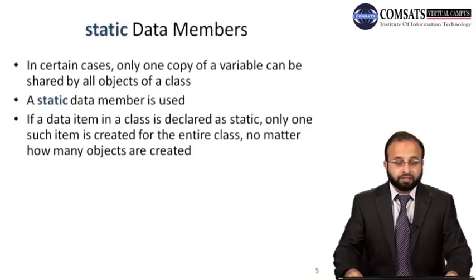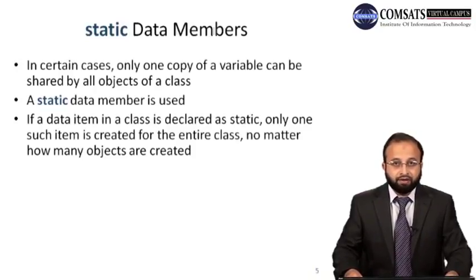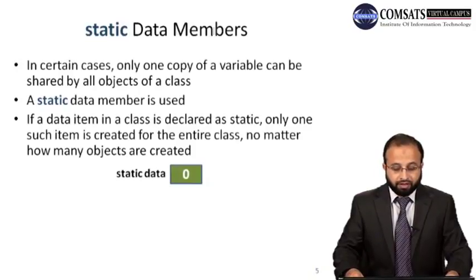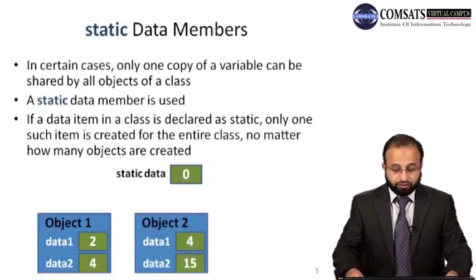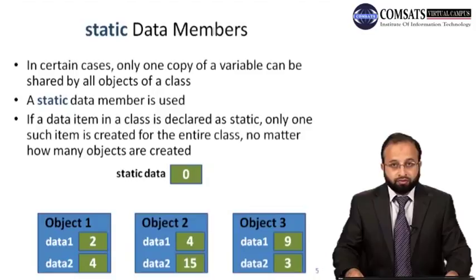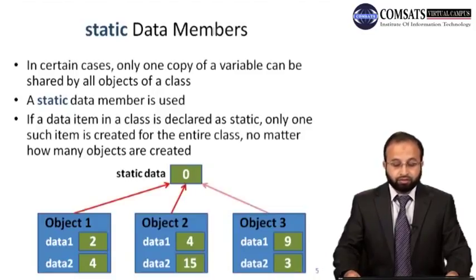Only one copy of that data member is created, and every object has access to that static data member. For example, if we have this static data member and we have object 1, object 2, and object 3, these 3 objects belong to the same class and they have access to the static data member. This means that they can modify and read the value of the static data member.